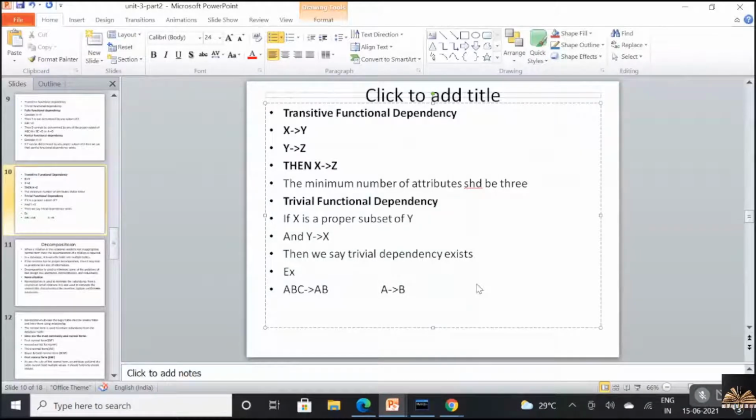But this should be a trivial functional dependency when B is a subset of A. That is, B should be included in A. So as an example, I've taken this.